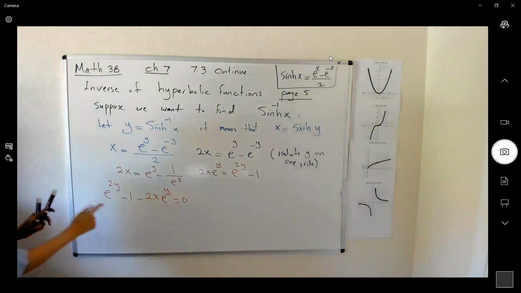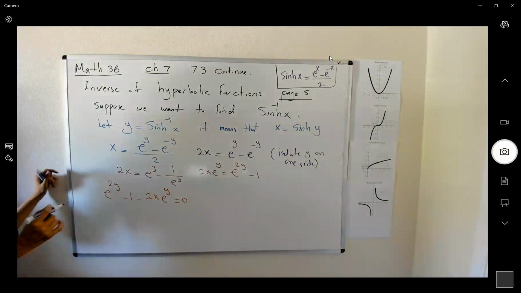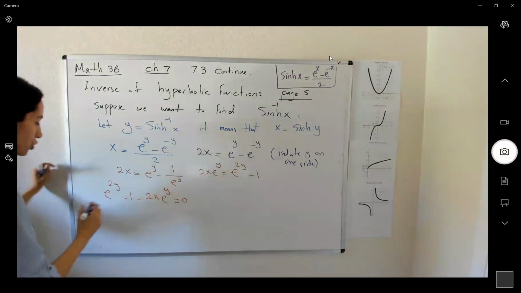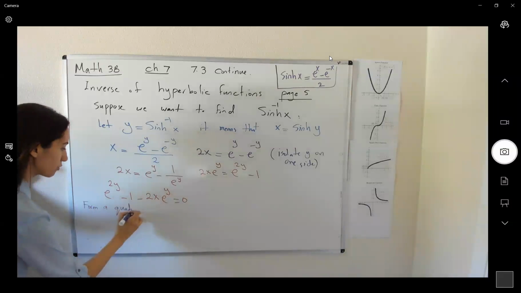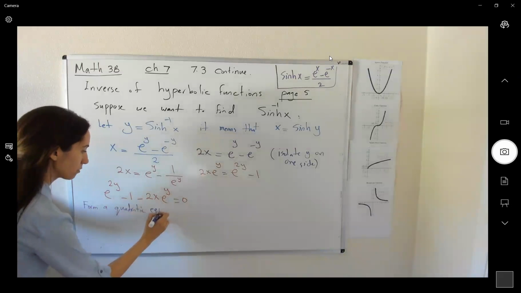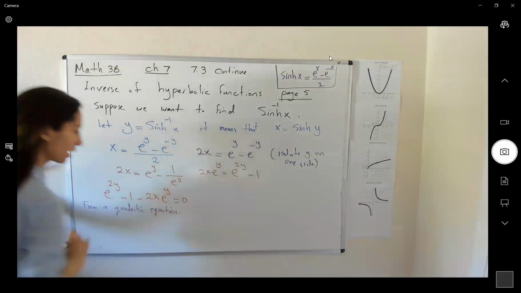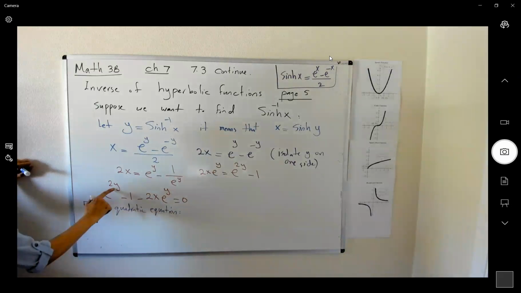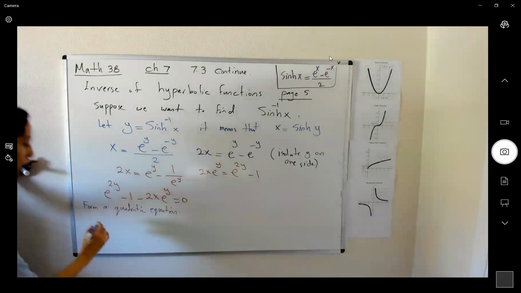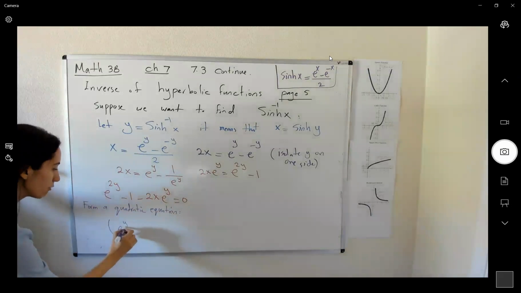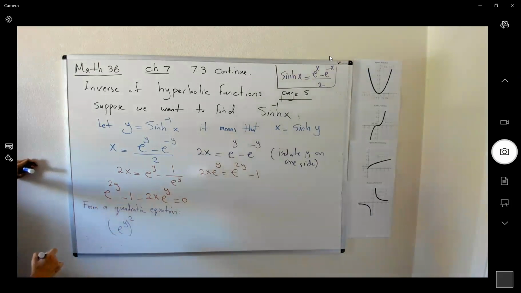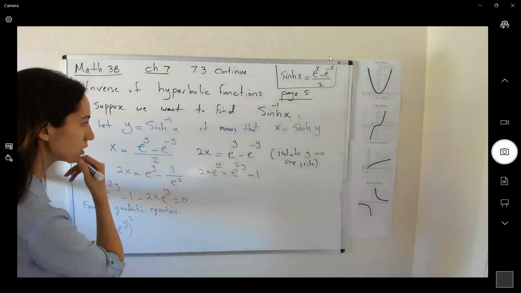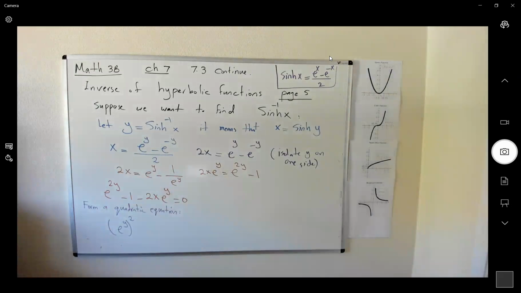So, what I'm going to do, I'm going to form a quadratic equation. How do I do that? E to the y is raised to the second power, so this is e to the y raised to the second power.